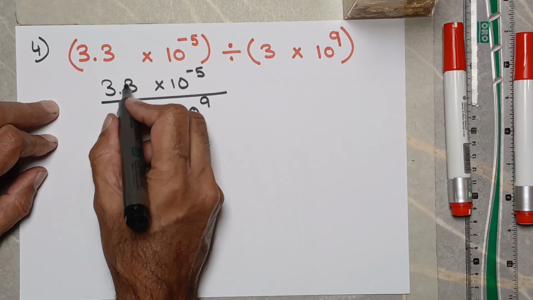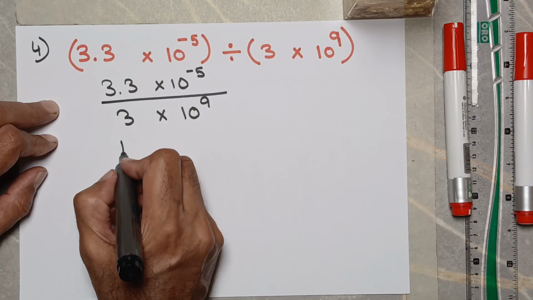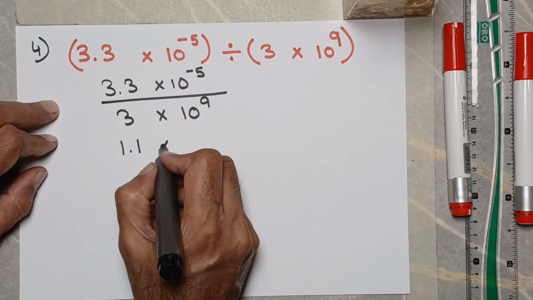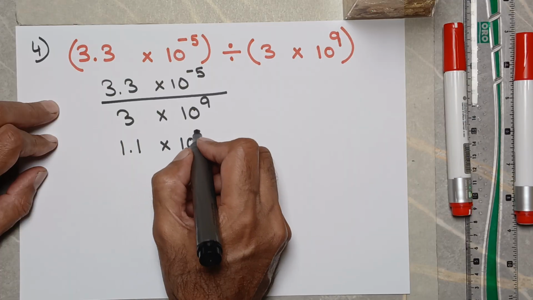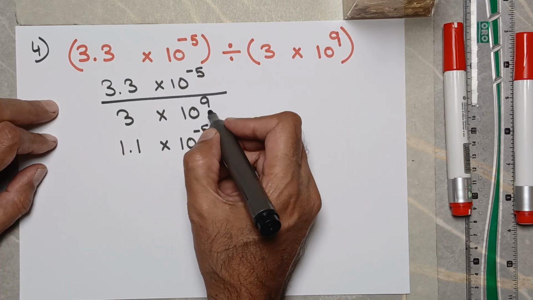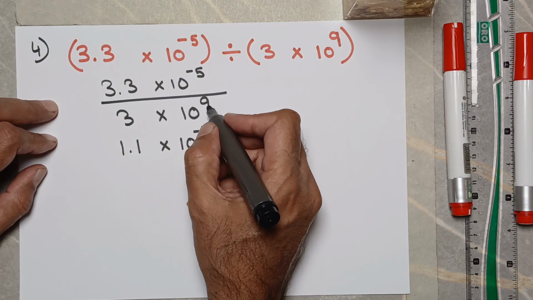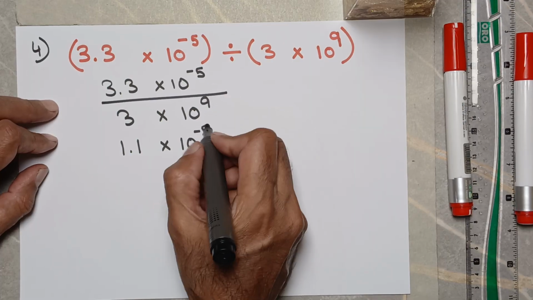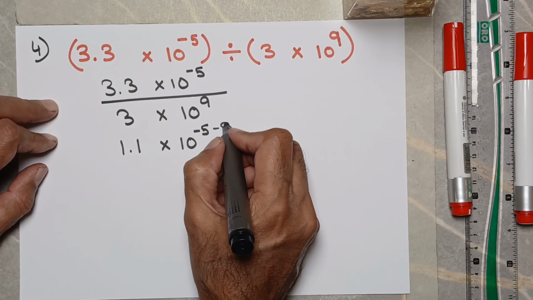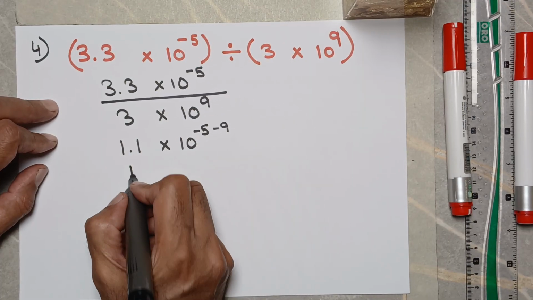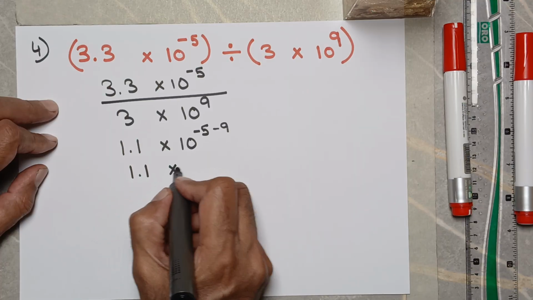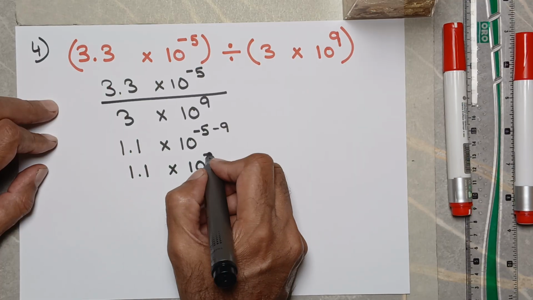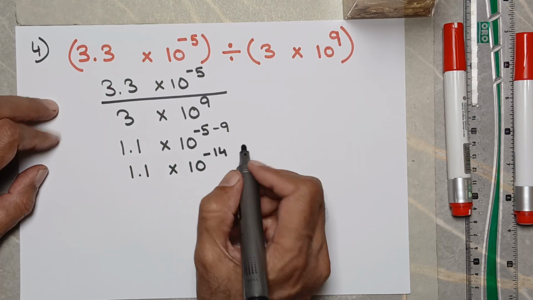So 3.3 divided by 3 will be 1.1, and here we have 10 raised to the power minus 5, and now we are moving this 9 towards the numerator side, and it will become minus 9. So your answer will be 1.1 times 10 raised to the power minus 14.